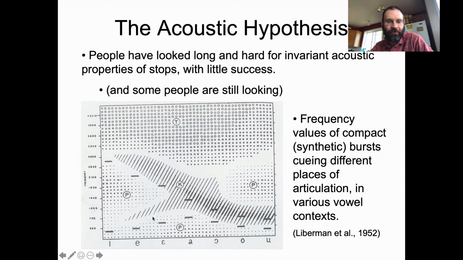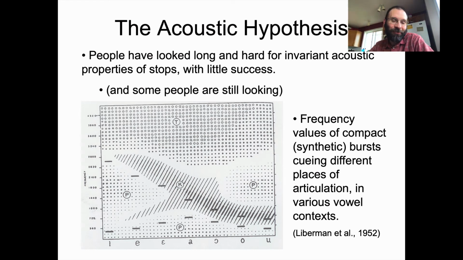They asked listeners, what do you hear when I play this burst for you? And this is odd because it's not great synthetic speech to begin with, so it's a far cry from what we're used to doing naturally as speech perceivers.